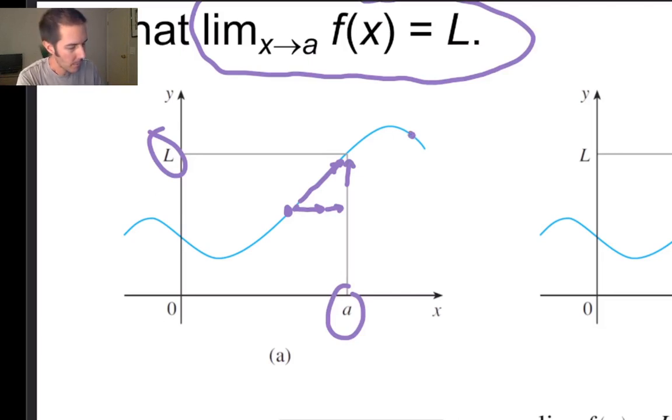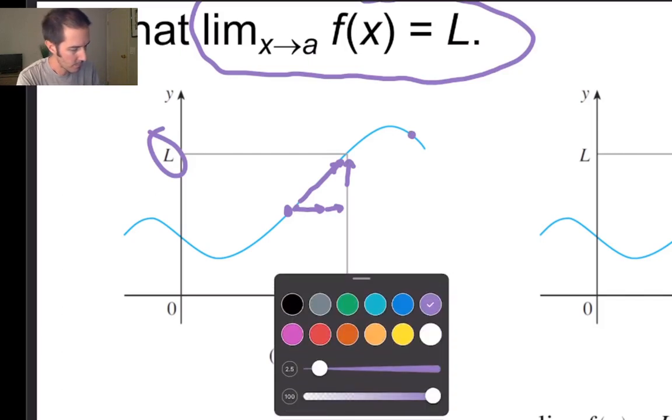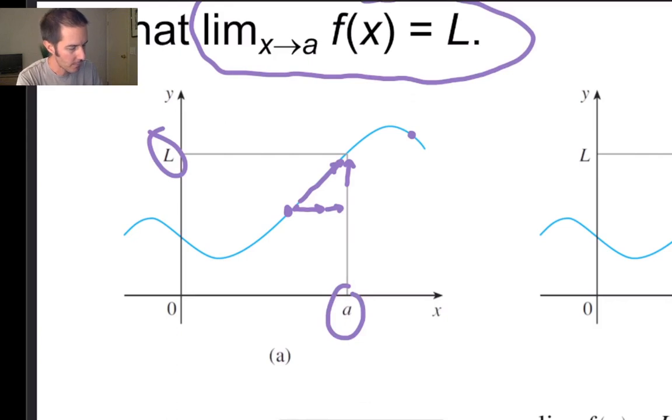If I hop onto my curve over here to the right, and I start pushing that point to the left, it's going to come up over this hill, and it's going to start coming down, and as my x values get really close to a from the right, my y values again look like they're pointing at that same point right there, and that point has a y value of L. However, we're never actually arriving at that point.